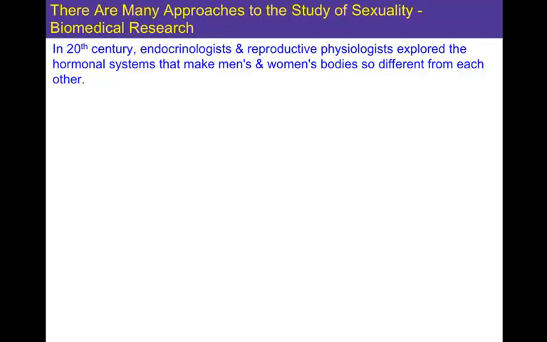Because the menstrual cycle was so noticeable, people tended to focus on this to figure out what was going on. Neuroscientists have looked at the neural control mechanisms that mediate sexual arousal and sexual behavior. Geneticists have looked at how sex is determined and how the process of sex determination can go awry. And pathologists and microbiologists have discovered the causes of sexually transmitted diseases.